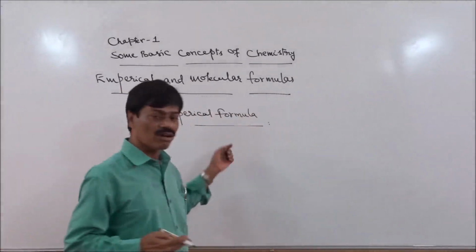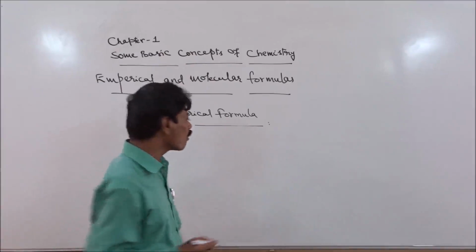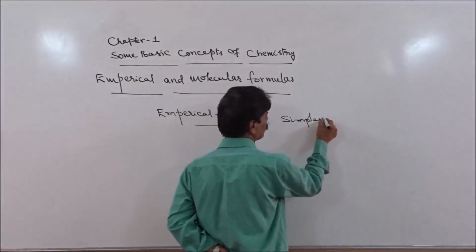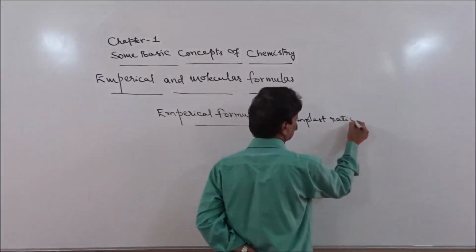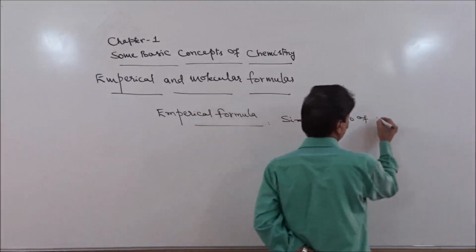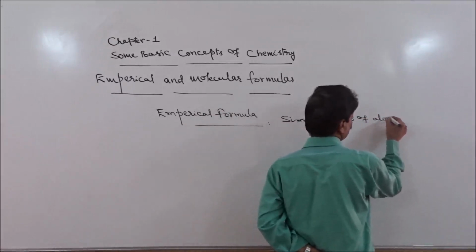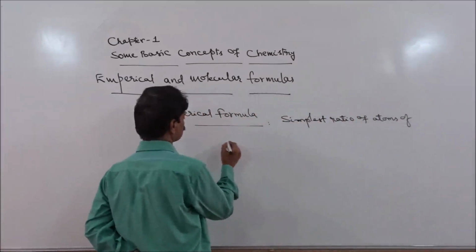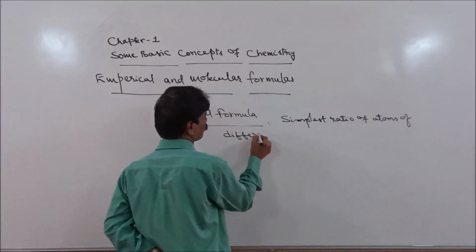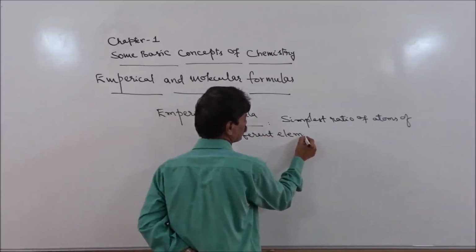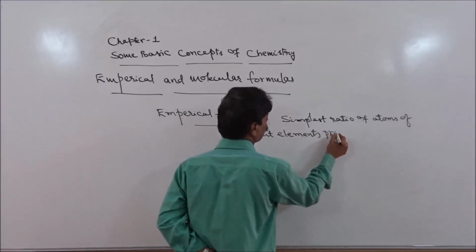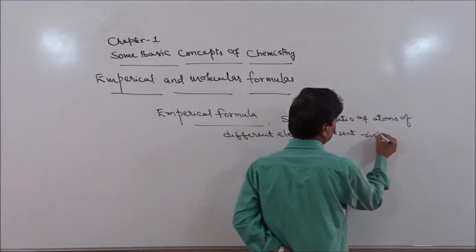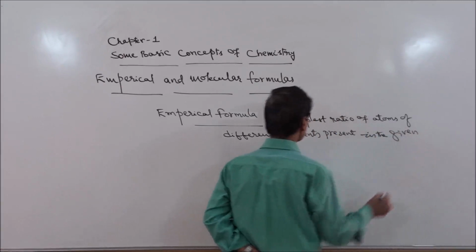So, empirical formula tells about the simplest ratio of atoms of different elements present in the given compound.